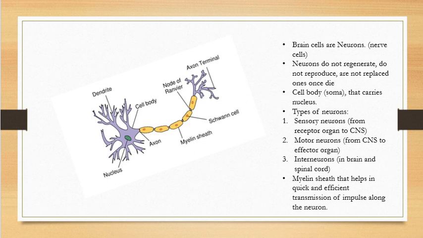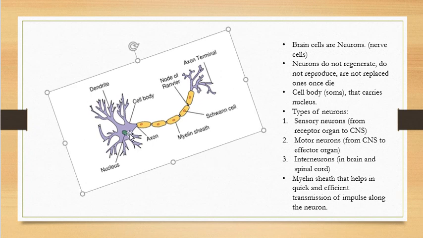Let's see the structure of a neuron. The neuron is composed of the nucleus, which is present in the cell body, also known as the soma, and it carries a message from this nucleus towards the axon terminal. The second part of the neuron is the axon.